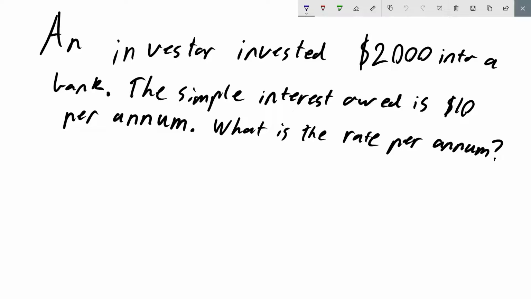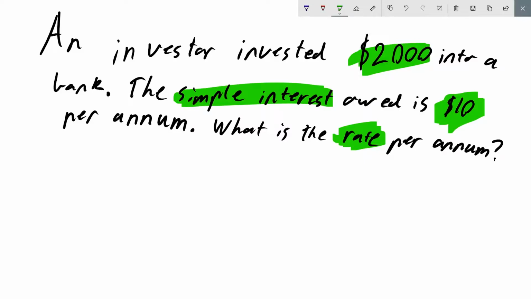Alright, very simple. You just need to know what simple interest is and how to relate it. So, key info here. The amount, what we're solving for, we want the rate. And simple interest is also key here.